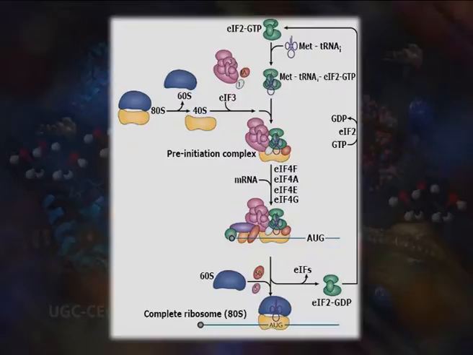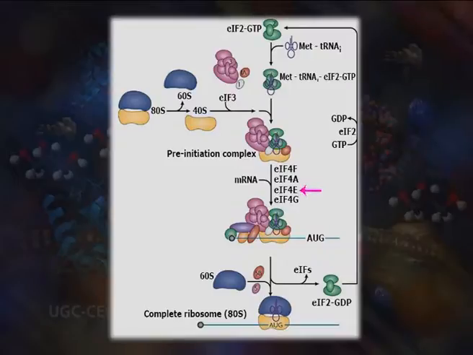EIF3 also interacts with the EIF4F complex, which consists of three other initiation factors, that are EIF4A, EIF4E and EIF4G. EIF4G is a scaffolding protein that directly associates with both EIF3 and the other two components.